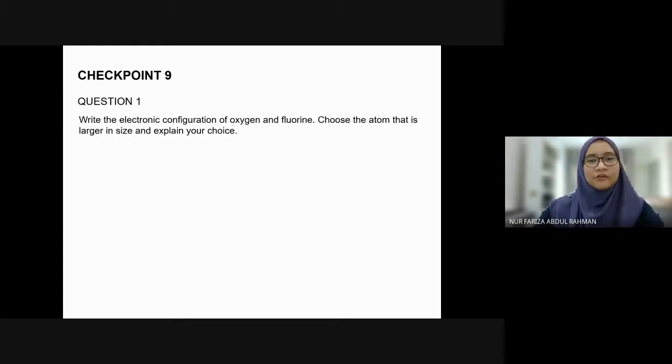Write the electronic configuration of oxygen and fluorine. Choose the atom that is larger in size and explain your choice. So we have 3 questions here. First, the electronic configuration, then you have to choose which one is larger, and then explain your choice. To write the electronic configuration, you should have the value of Z for oxygen and fluorine.